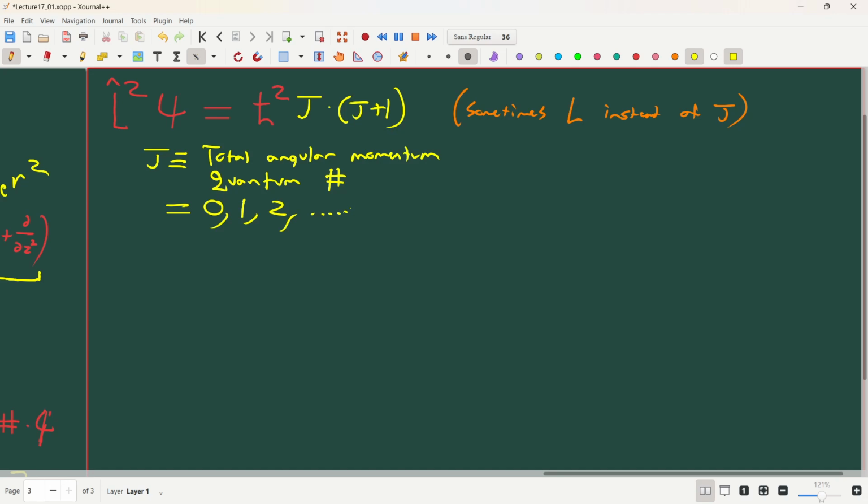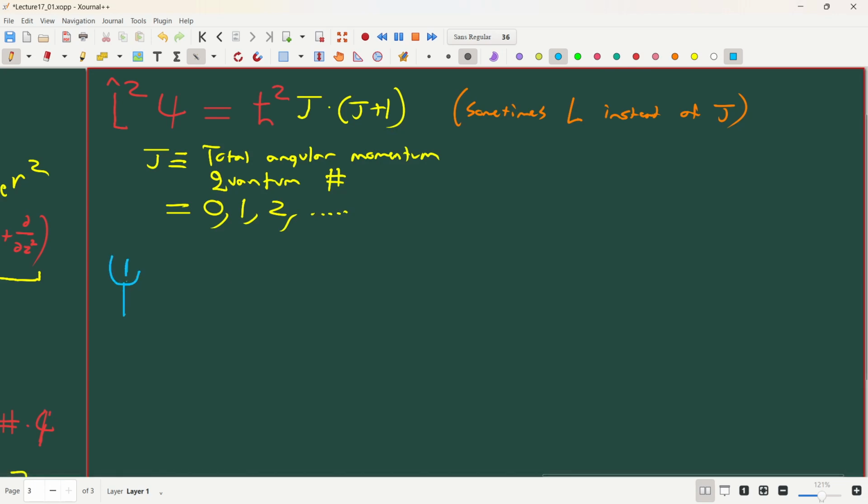So what does this say? We need to think about how to interpret this equation a little bit, and I'll get to that. But I want to first show you what the wave functions of this system are. What is the probability distribution of where our electron will be as a function of angle for each of these angular momentum states?